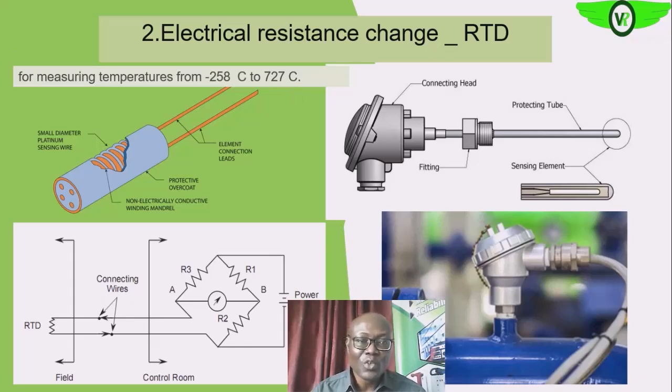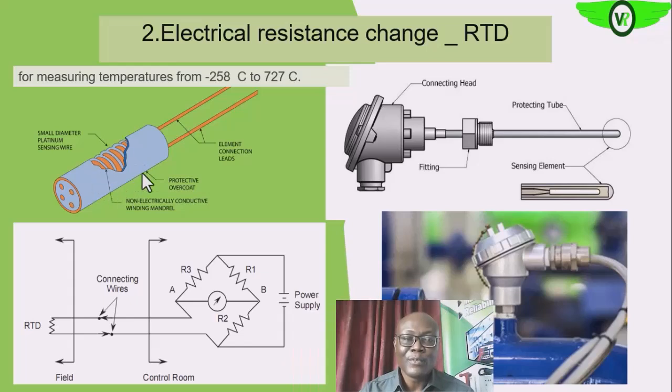Okay, so here, since the resistance is changing with the temperature, how do we harness this variation to give us a representation of the temperature of the process that we are looking at?